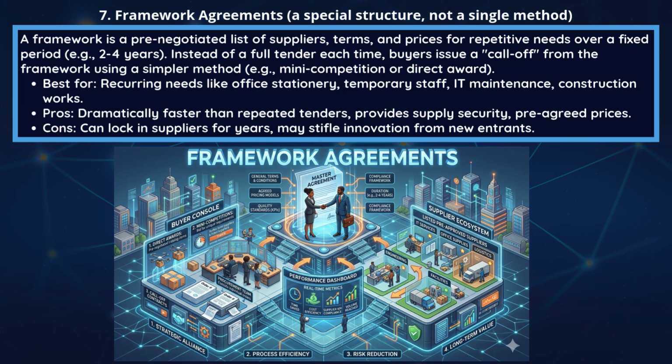So when an organization or entity is going to buy an item frequently, they should contract a framework agreement, because when an organization has repetitive needs, it doesn't need to go to open tendering repeatedly.